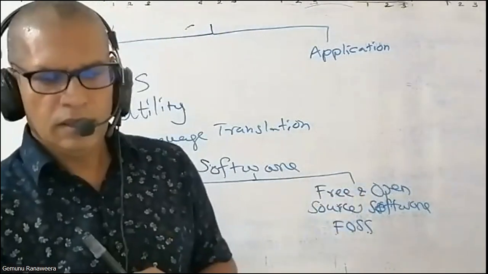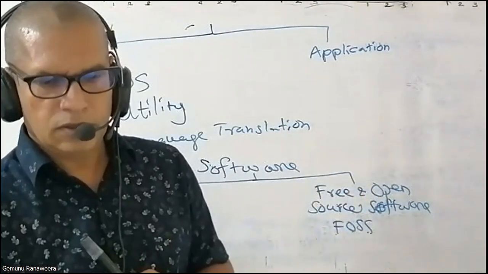So we will have a look at the question again. Which of the following pairs contains types of software that are different with respect to ownership or licensing? So you remember we divided the software based on the ownership or licensing. That is the proprietary software, which do not provide the source code, and the free and open source software, which provide the source code.